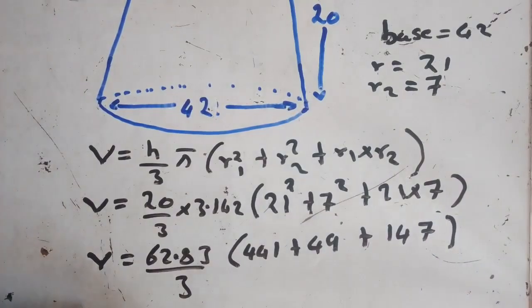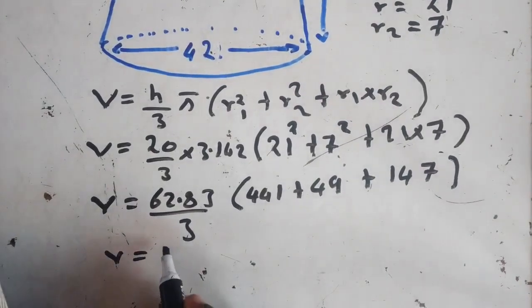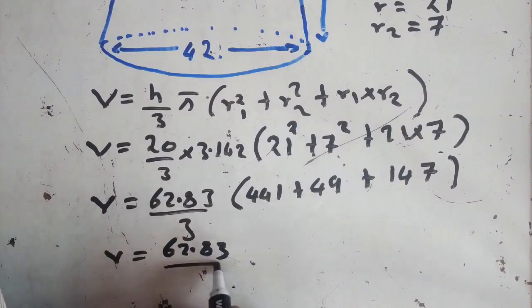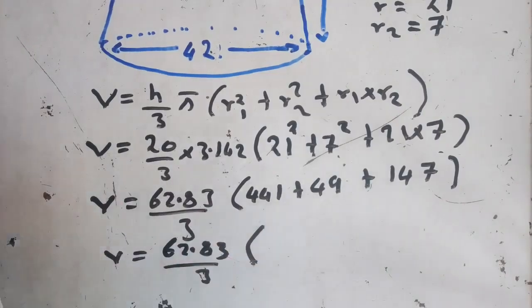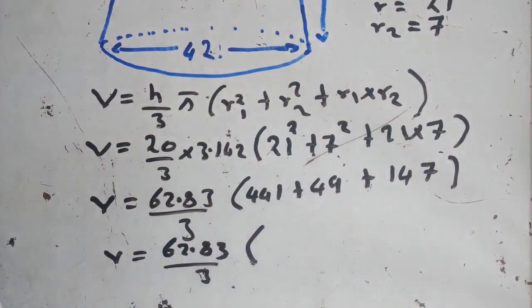So we're going to have volume is equal to 62.83 over 3, then you just add: 441 plus 49 plus 147.